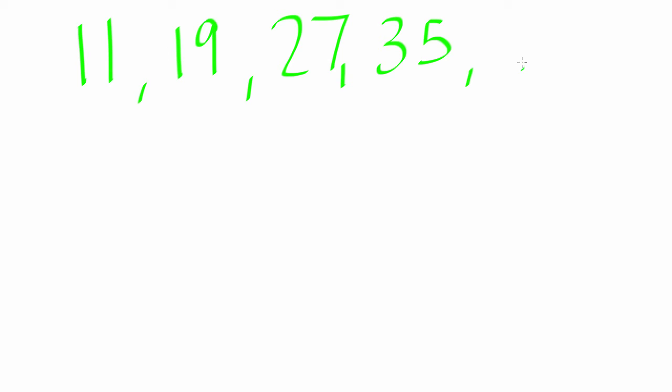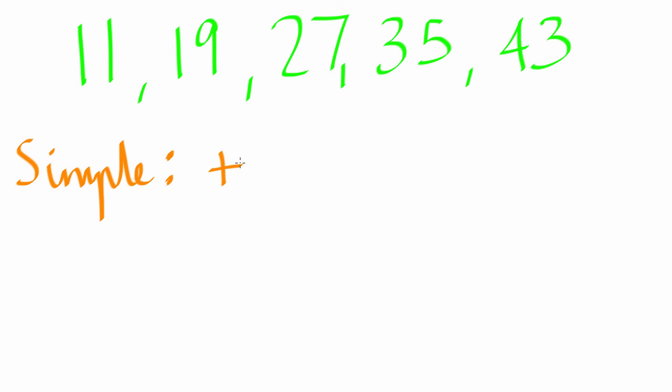Okay, sneaky. Here is my actual question. Pattern is 11, 19, 27, 35, 43. Your mission, should you choose to accept it. Jokes, you don't get a choice. What is the simple rule? I'll give you a clue. It starts with adding.